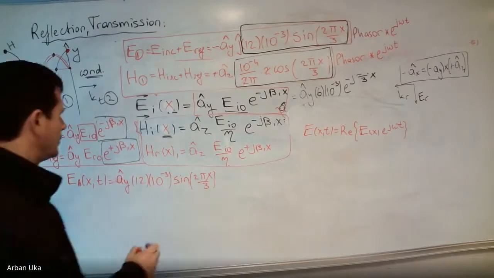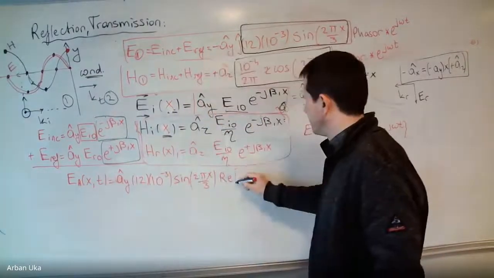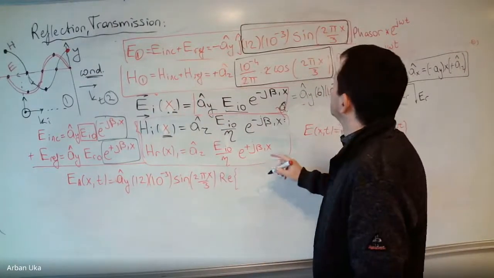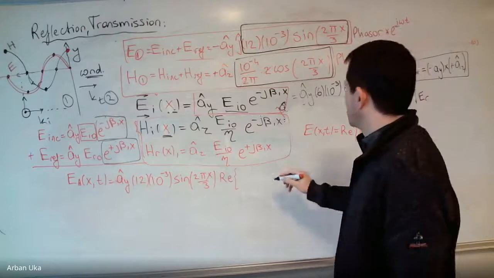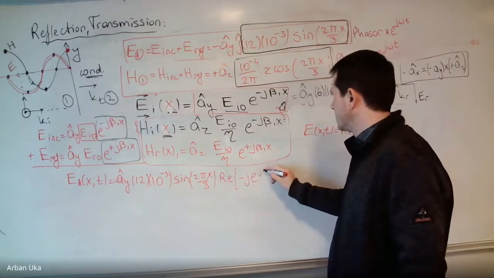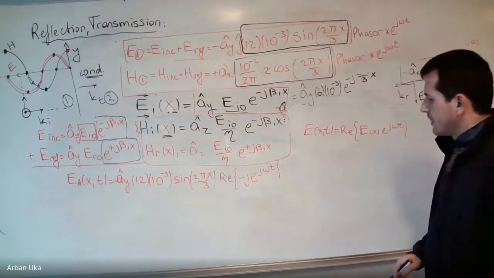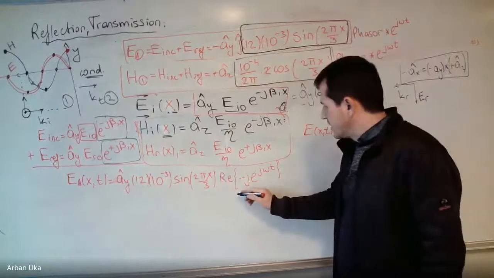Now here we do the real part of minus j times e to the power j omega t. So here we have minus j e to the power j omega t. Now, what is minus j?